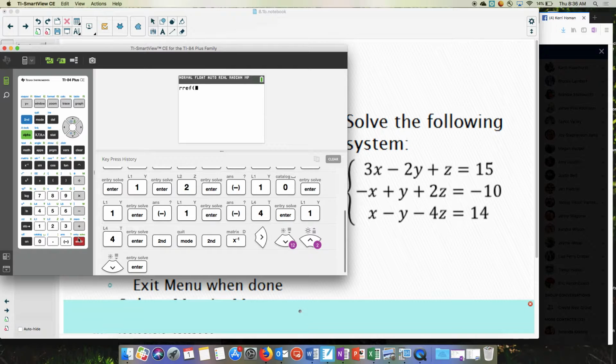Okay, do you see how it opens a parentheses? That means something needs to go inside. Which matrix did I have you enter numbers into? So go back to matrix, and where it says names, as long as A is highlighted, you can hit enter, and it'll pull it up. Ready for the magic to happen?